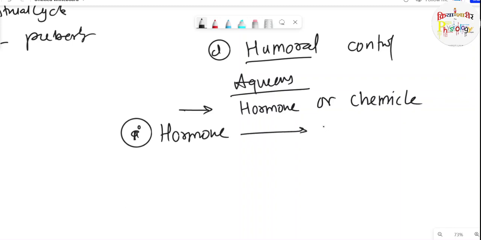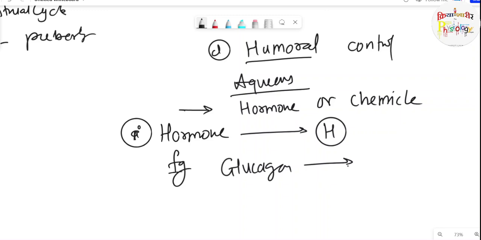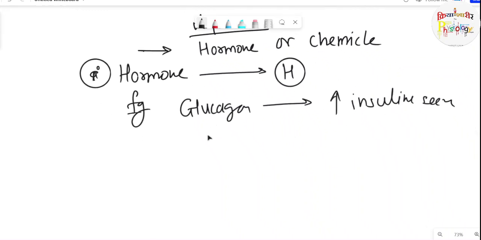So first, hormone regulating hormone secretion. For example, glucagon increases or stimulates insulin secretion. So glucagon stimulates insulin secretion, meaning one hormone increases secretion of another hormone.